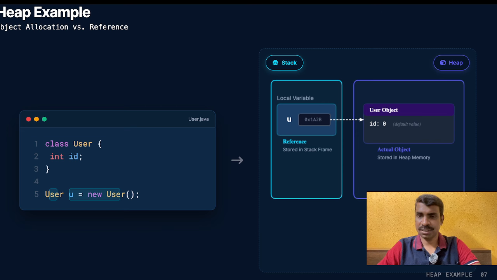The actual User object resides in the heap, but in the stack we have a reference to that object. That is the purpose of the stack: it holds the reference to the heap so that it can fetch the object from the heap.